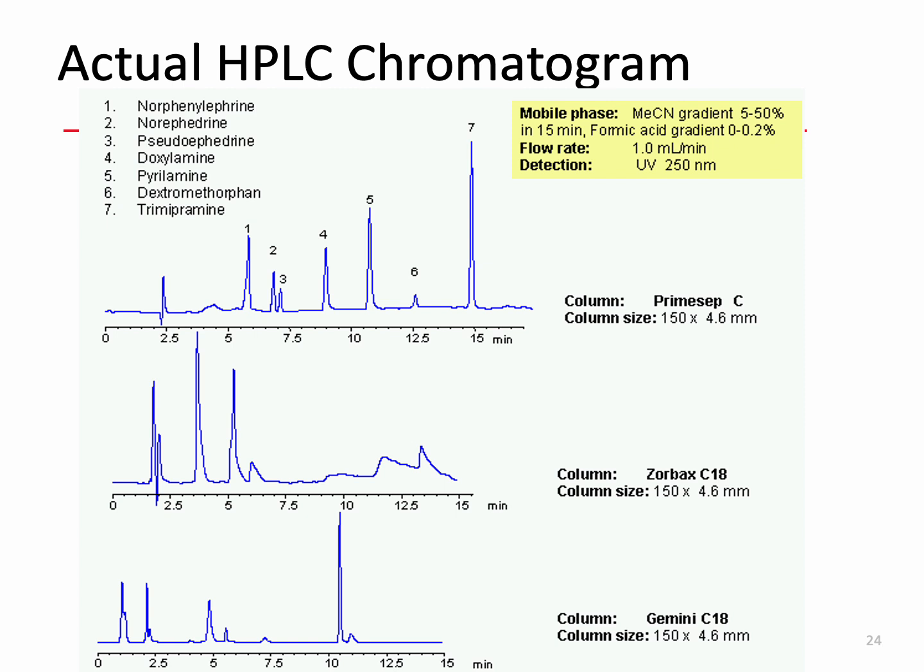And a few minutes later, we can collect pseudoephedrine. And it goes on, of course. After 15 minutes, whatever is coming out of the HPLC will be trimipramine only. And this is, of course, one of the fractions.